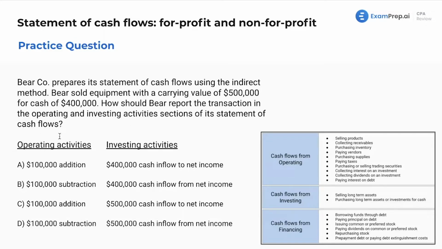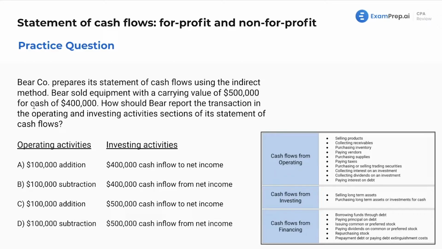And since we need to find the operating activities, we will probably need to use the carrying value, because there is either a gain or loss. Well, we sold it for $400. It was valued at $500. So we actually have a loss here. We have a loss in our net income. It goes on the normal income statement. Gains and losses are reported even though they are non-cash flowing.